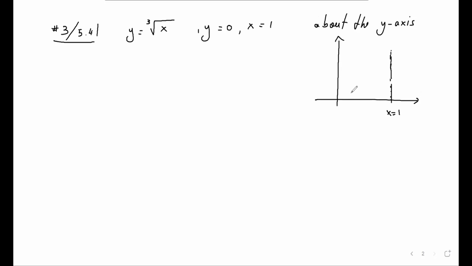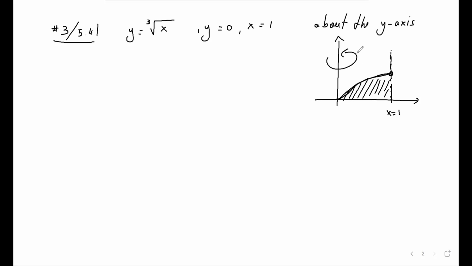Now the cube root of x will be something like, it's going to have a part here, and it's going to have a part something like this here. So this is the region, and y equals 0 is the x-axis. So this is the region that we spin about the y-axis.